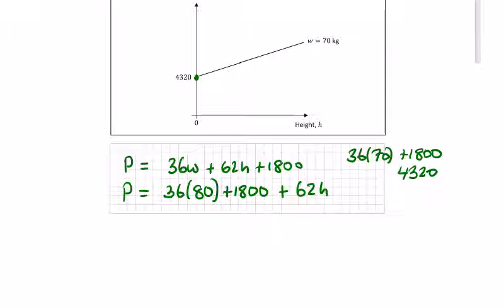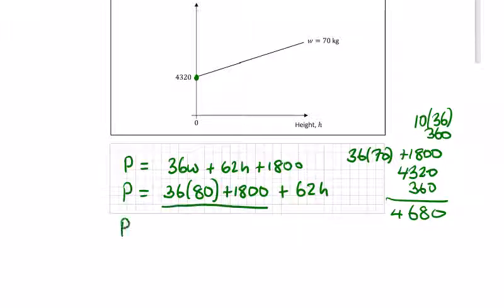So we're just adding on an extra 10 by 36. So we're adding on 360 here. Just double checking on a calculator, 4680 is what this should give me. So just checking, 4680 it is, plus 62H.